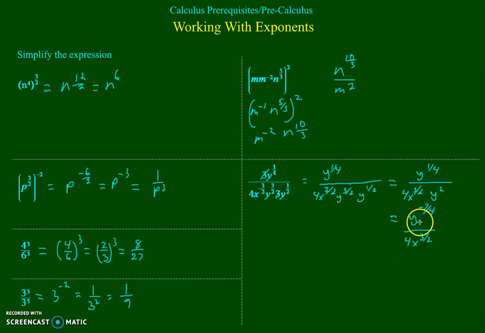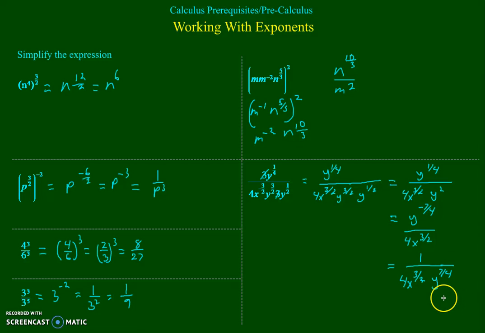And the final piece of this, we just have to take that negative exponent, and that goes in the denominator. If it was in the denominator, that negative exponent would come up as a positive in the numerator. So this becomes 1 over 4x to the 3/2 times y to the 7/4.